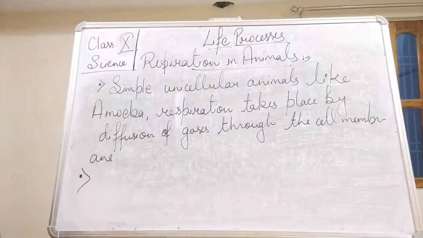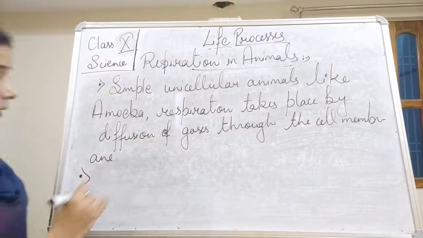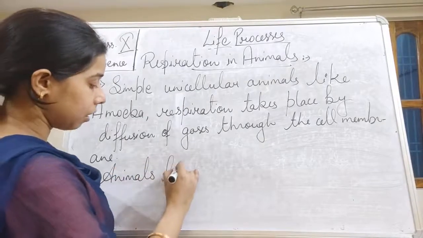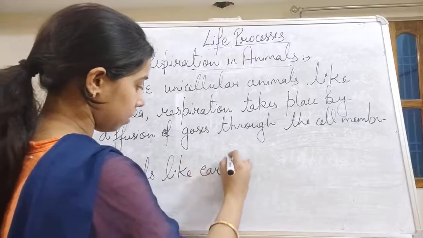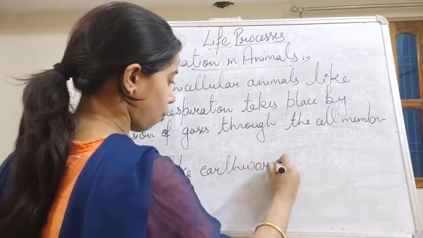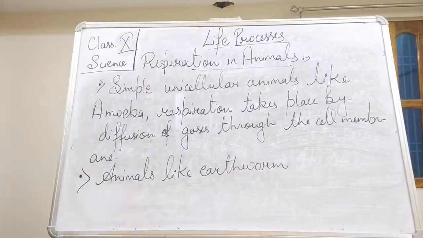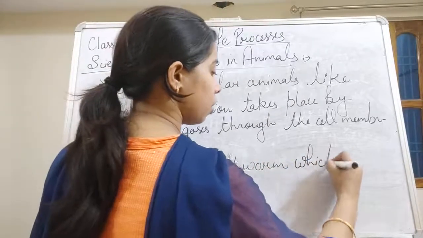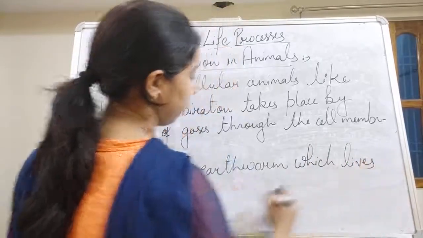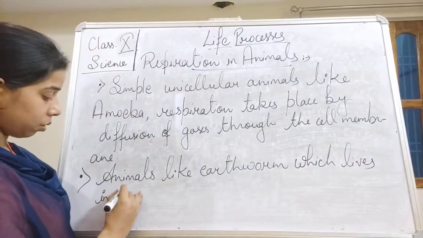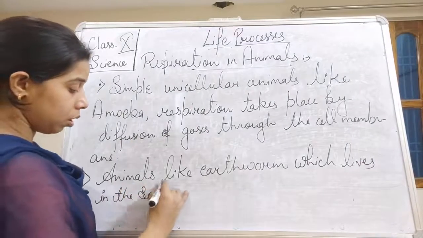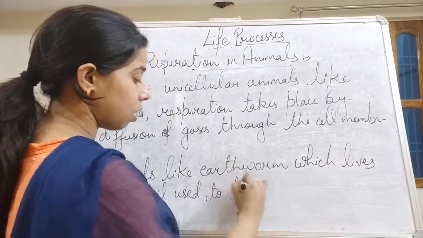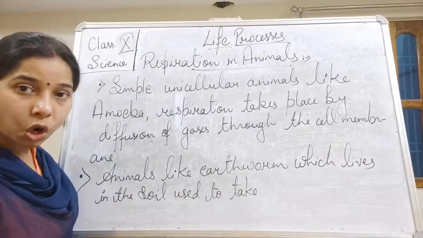Now the second one is animals like the earthworm, which live in the soil and take oxygen from the soil itself.